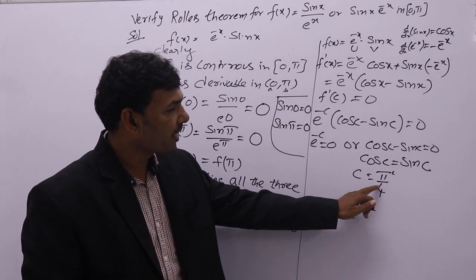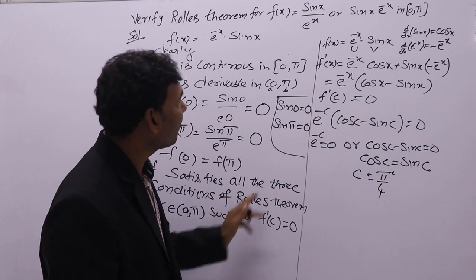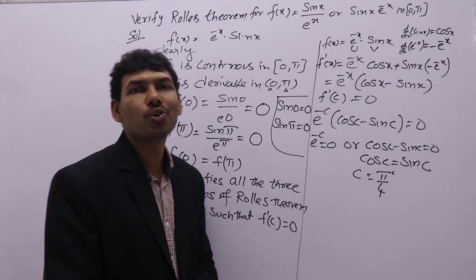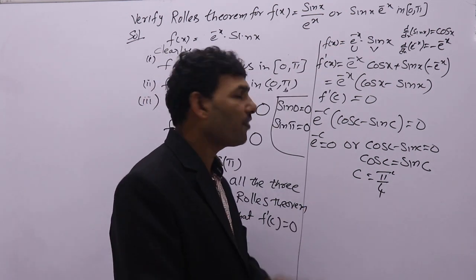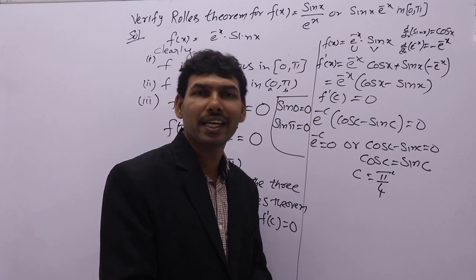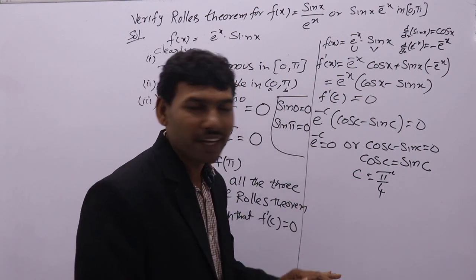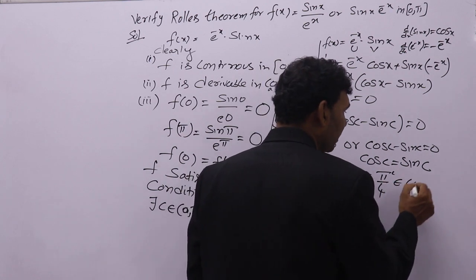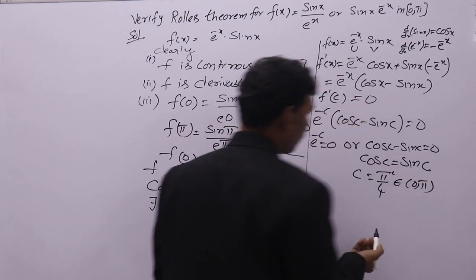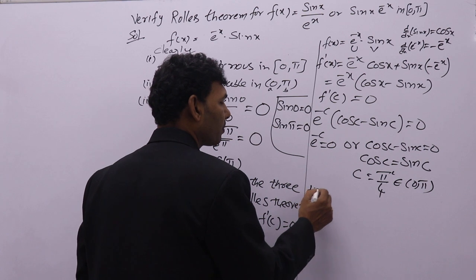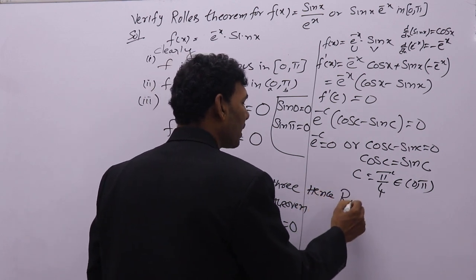So 45 degrees is the c value. Our interval is 0 to pi, 0 to 180. Can 45 exist in between 0 and 180? Yes, absolutely. 45 degrees is in between 0 and pi. Hence Rolle's theorem is verified.